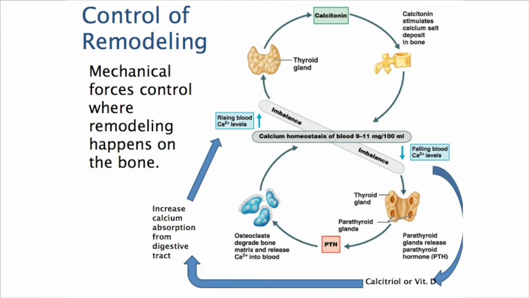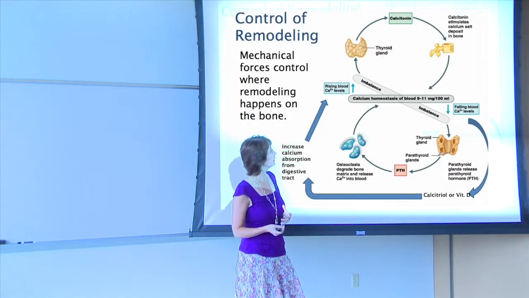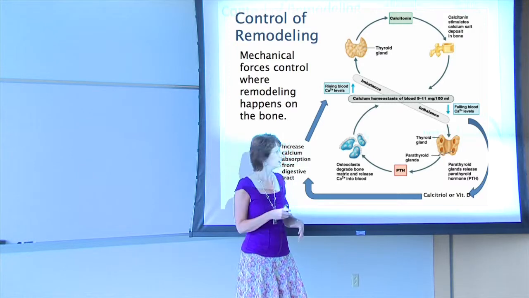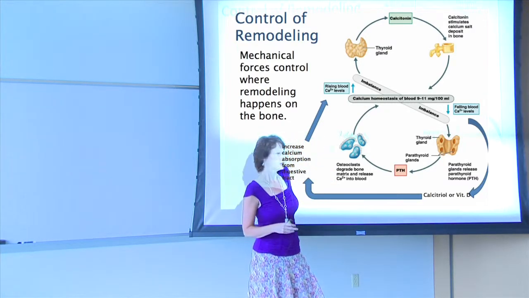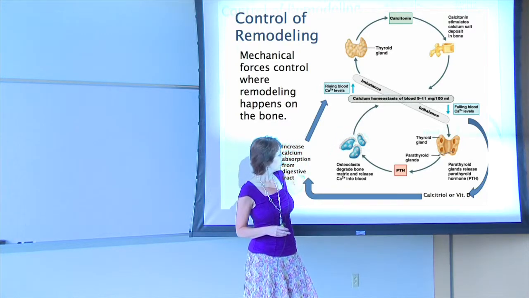The parathyroid hormone actually triggers osteoclasts to get the calcium phosphate out of the bone and release it back into the blood, allowing the blood calcium levels to be higher again. So you have this continual balance of making sure that there's not too much calcium. If there's too much calcium, the calcitonin will come in and make sure that calcium gets stuck away in the bones. If there's not enough, the parathyroid hormone will come in and make sure it gets released from the bones.